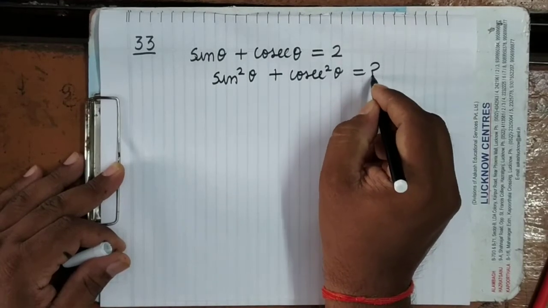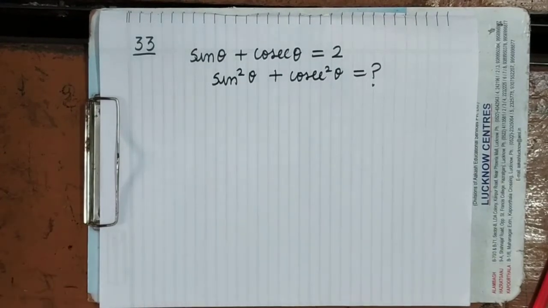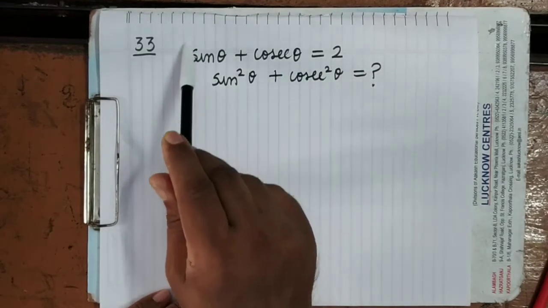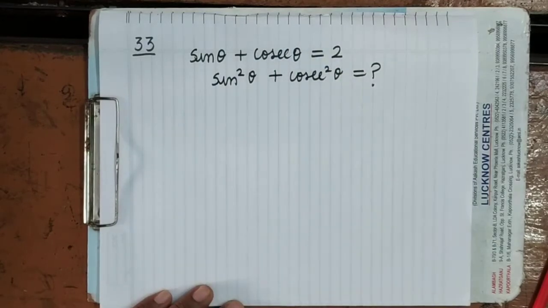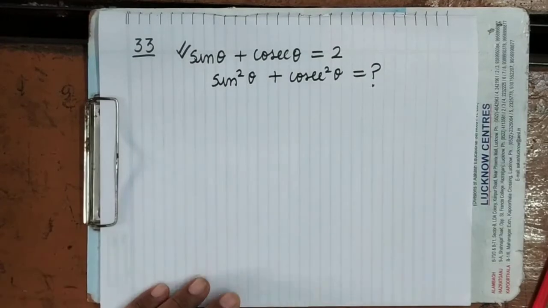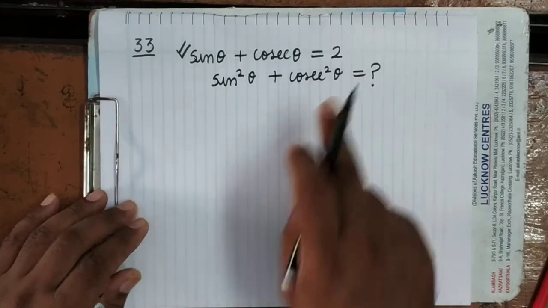This value you have to determine. Now if you see the question carefully, you will find that you will get this only when you do the whole square of both the sides.